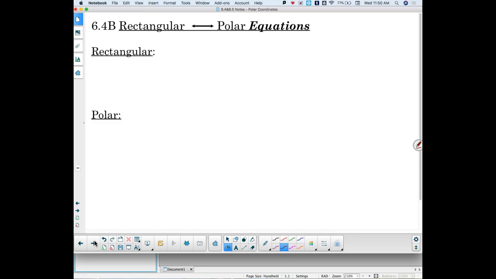Rectangular equations. Okay, so now we're talking rectangular equations. Those would be y equals something, and that something is going to be in terms of x. So it's going to be some function based off of x.